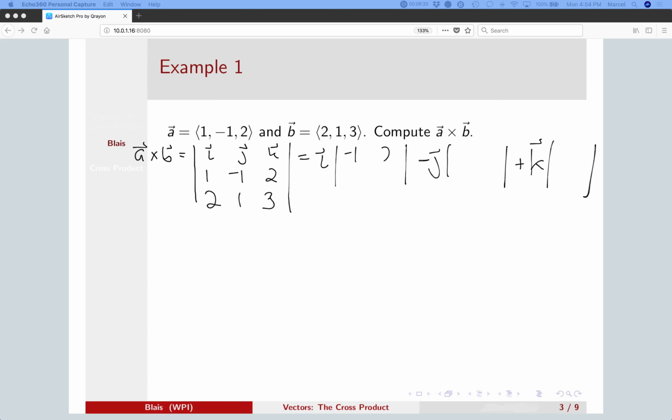Minus 1, 2, 1, 3. For the 2 by 2 that goes with J, erase the row with J and the column with J, so we get 1, 2, 2, 3.